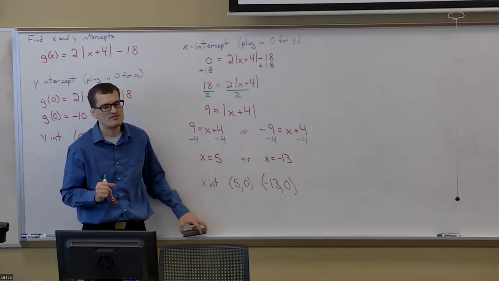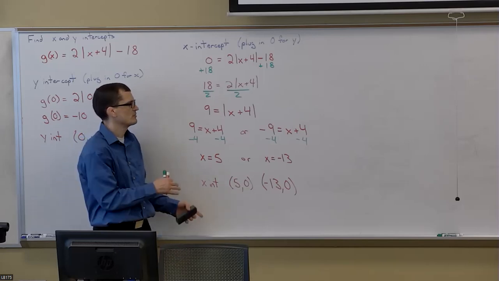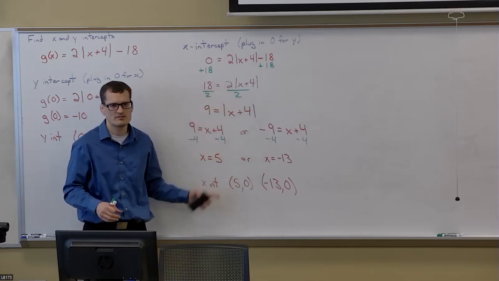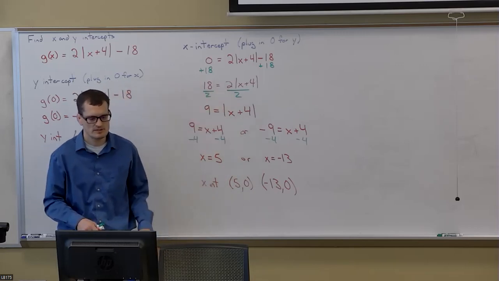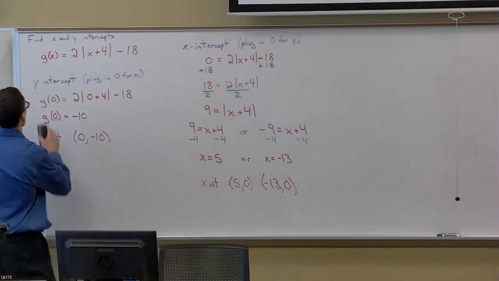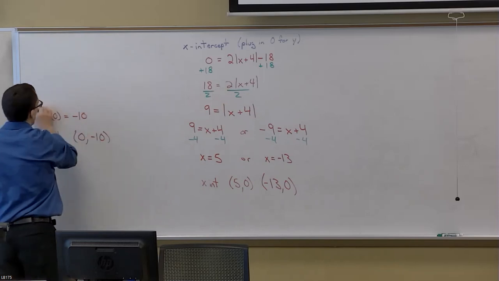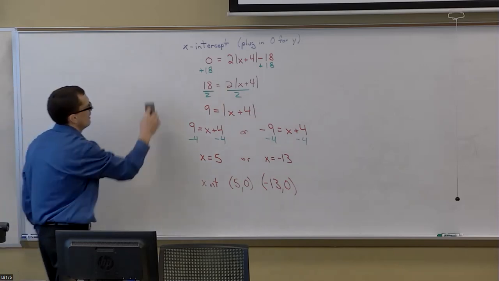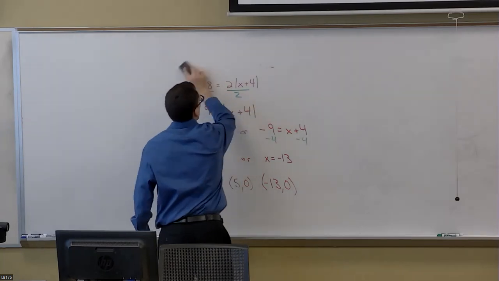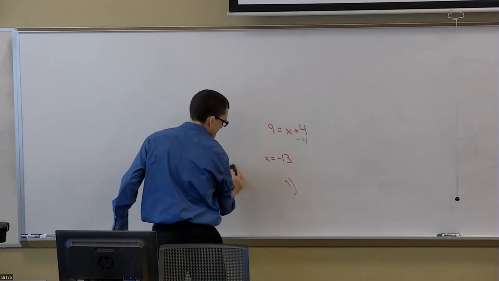Any questions about finding x and y-intercepts on the absolute value functions? Again, we put in most of the work earlier, being able to solve absolute value equations. All right. So now we're going to do the last part of chapter 1.